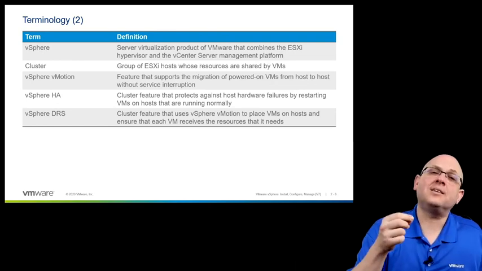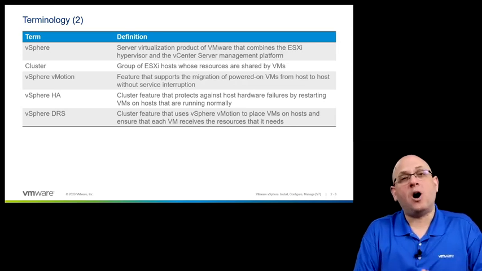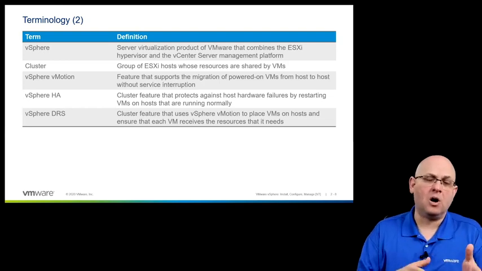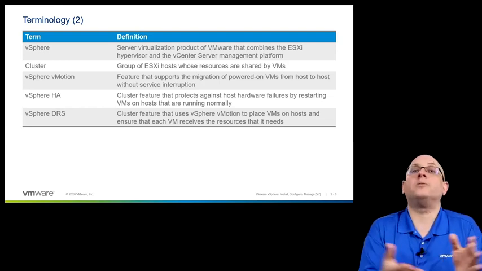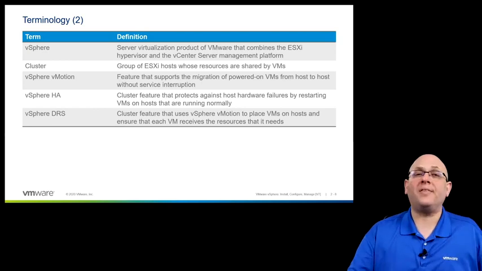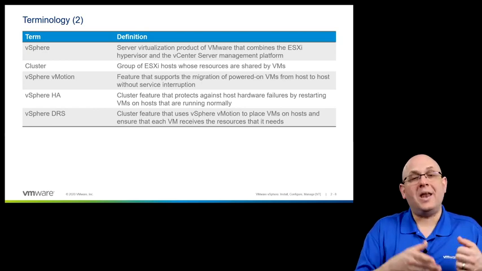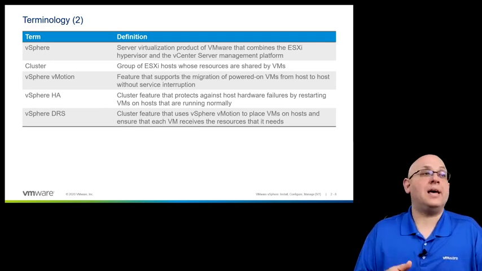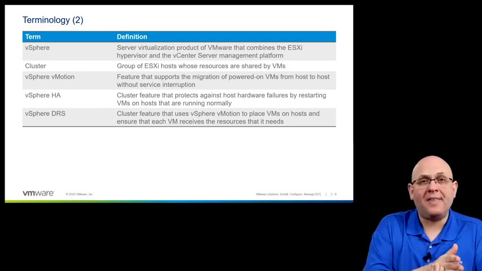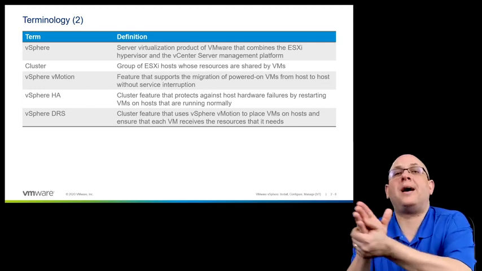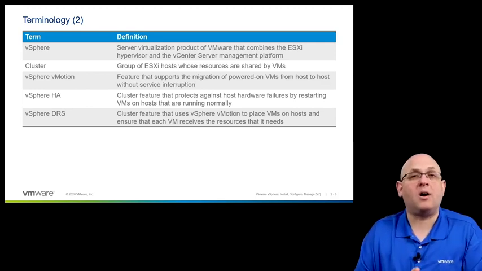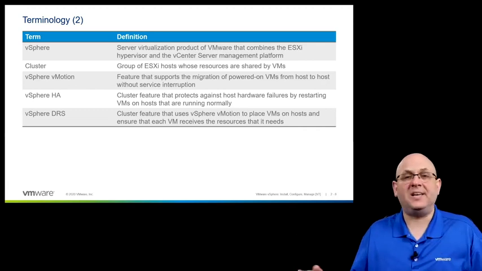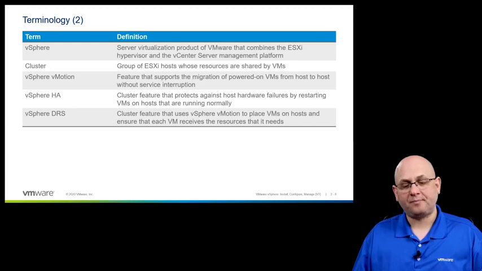If one of the ESXi hosts should fail, say a hardware component fails, like multiple power supplies die, or CPU or memory dies, the host goes down, and the virtual machines that were running on that host go down with it. vSphere High Availability will say, I know what virtual machines were running on that host. Let's make sure they automatically get powered on and started on other available hosts. That's the fundamental feature of vSphere HA.